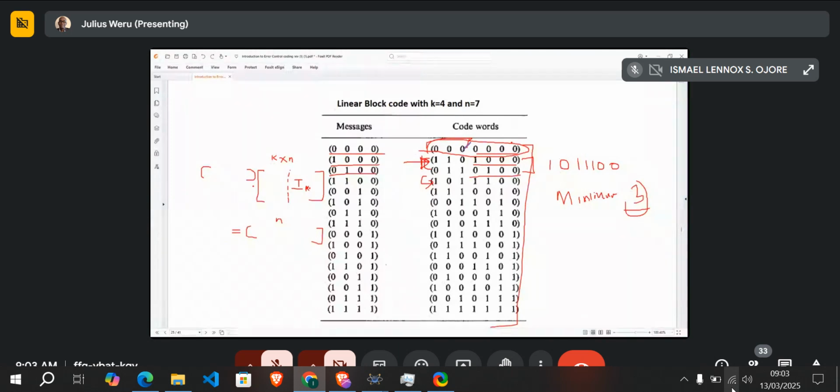You are saying the channel is so bad that for 7 bits it is going to change 3 bits so that it creates another valid code word. Once you create a valid code word, the system does not work, because it will produce a zero syndrome. So the receiver will think that what it has received is the correct code word.